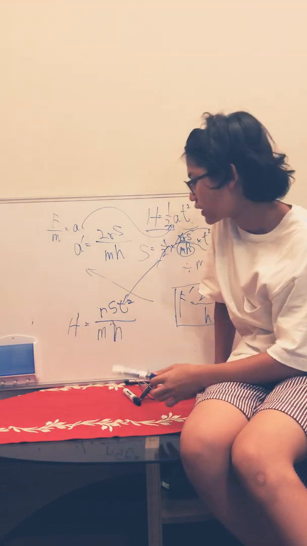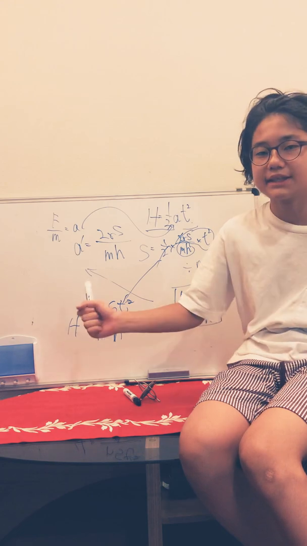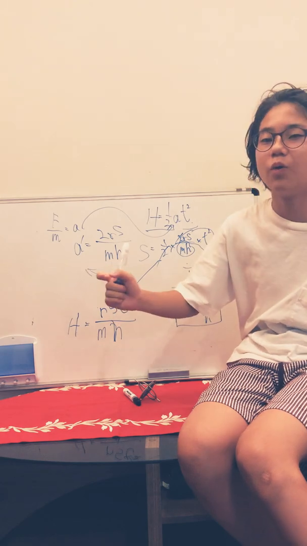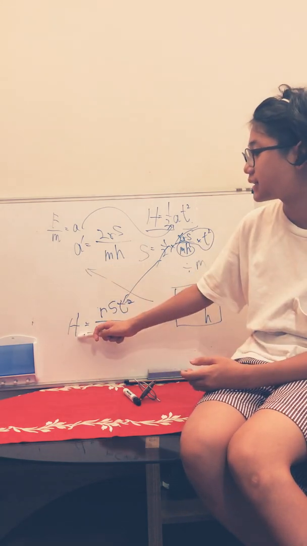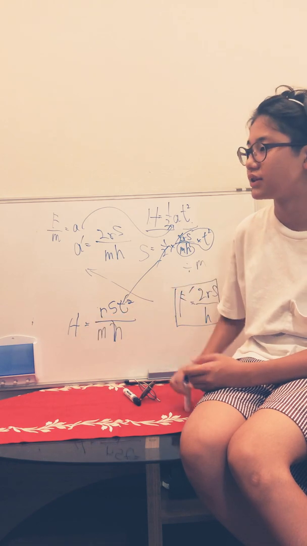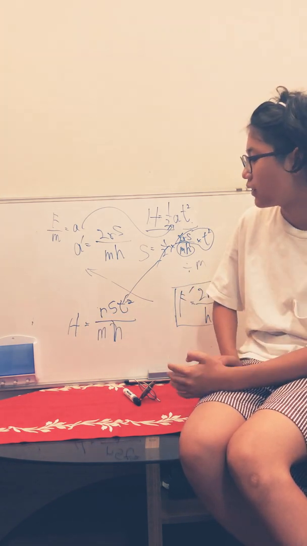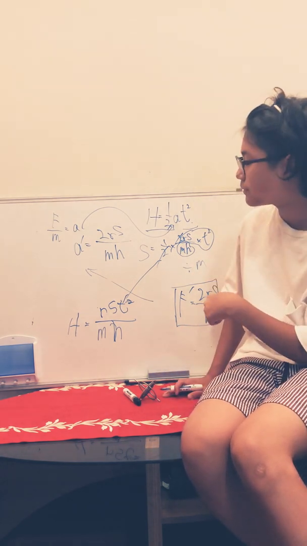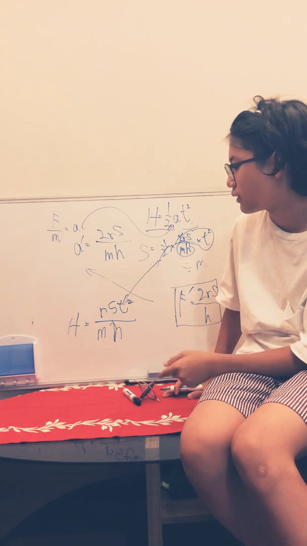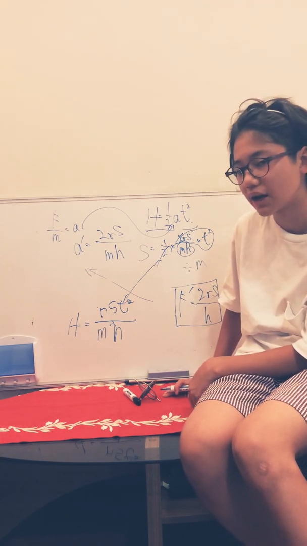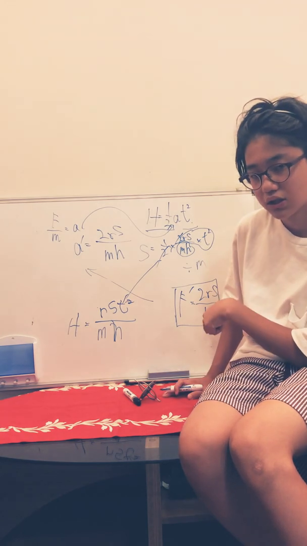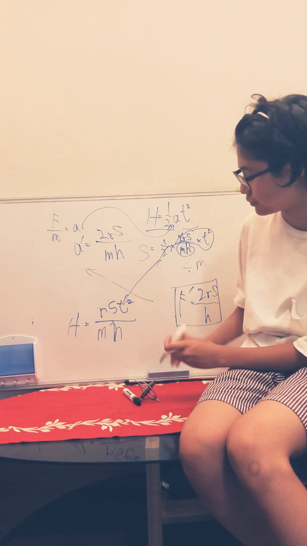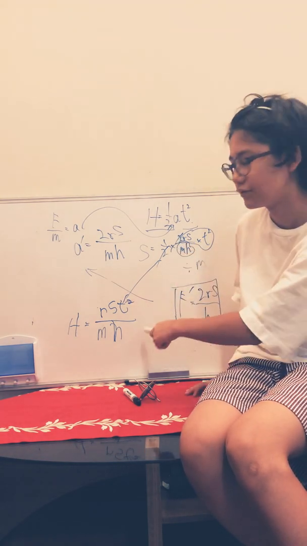So the H describes the distance which the boat flew, and the distance can be described with the formula R times S times time squared divided by M, mass, times H. Okay? Did you get that?